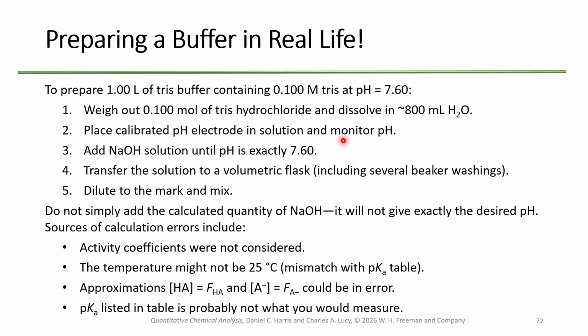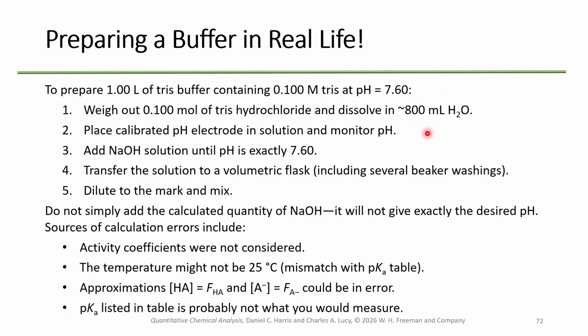Okay. Now, when we actually prepare buffers in real life, typically the easiest way to do this, unless you have both species just lying around the lab, which is not as common as you might think, is actually to weigh out what you want to use for the buffer. In this case, we're using tris hydrochloride.